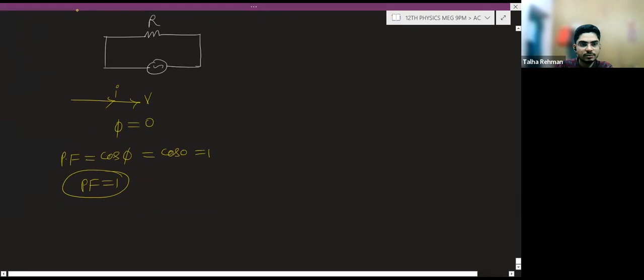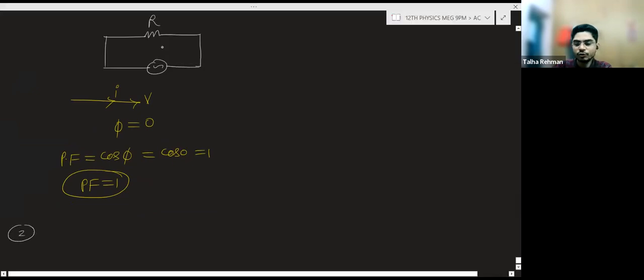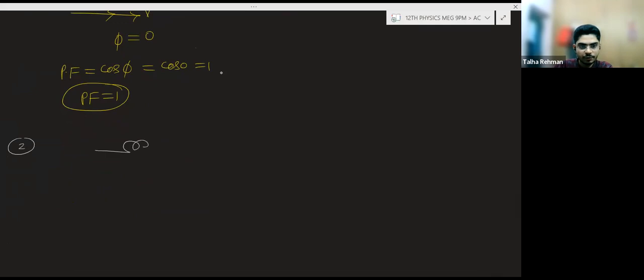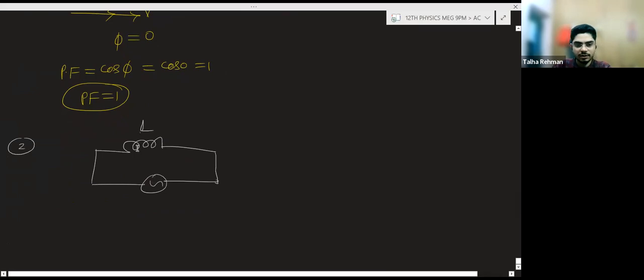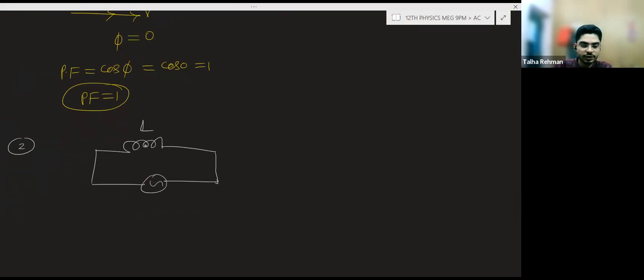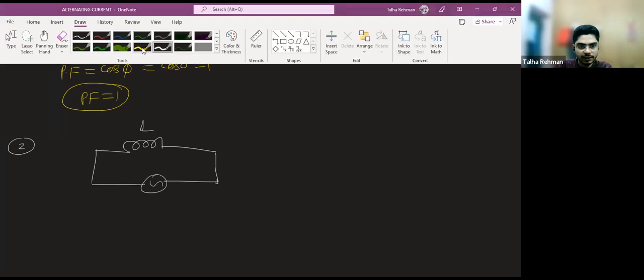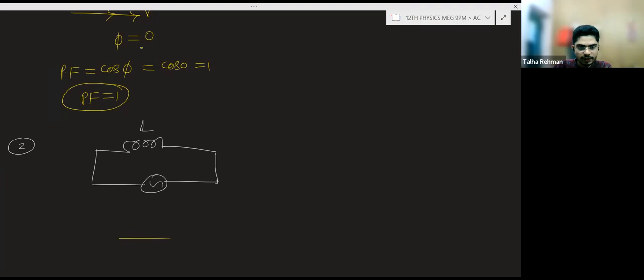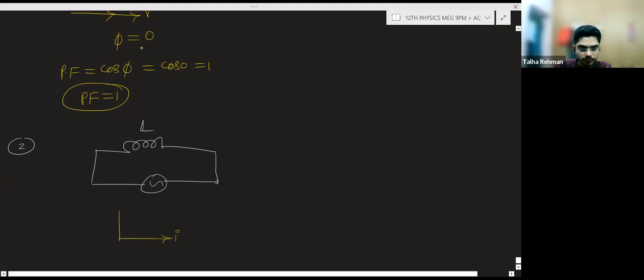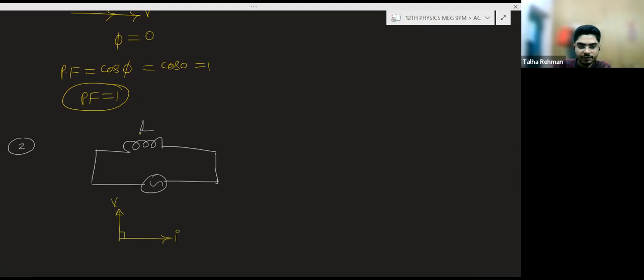Now second example, we have a pure inductive circuit. This is an inductor, having self inductance L, and this AC source is connected with the inductor. So in an inductor, what happens? The voltage leads the current by pi by 2, by 90 degrees. So the phase difference between the voltage and the current is 90 degrees.